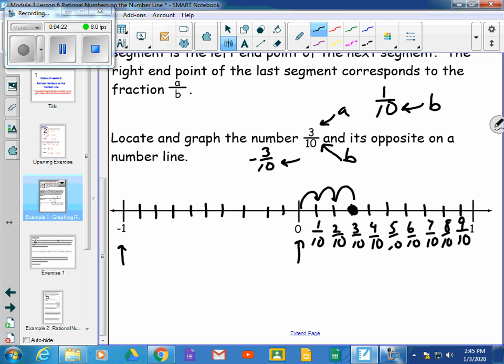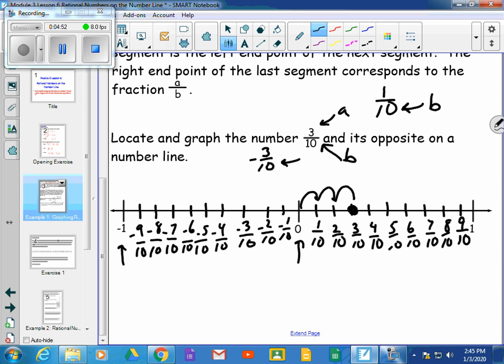But since we're starting at 0 and going to the left, one segment would be negative 1/10, negative 2/10, negative 3/10, negative 4/10, negative 5/10, negative 6/10, negative 7/10, negative 8/10, negative 9/10, and then negative 10/10 is equal to negative 1.